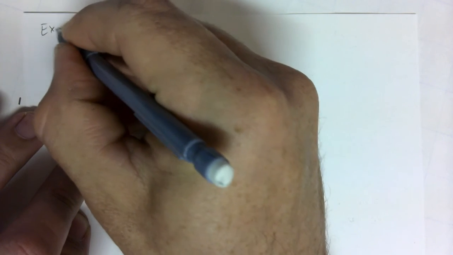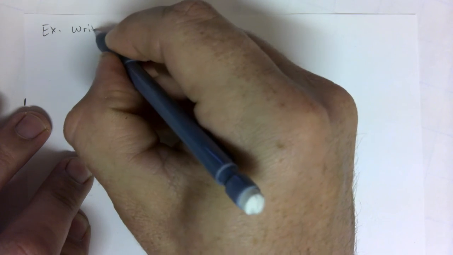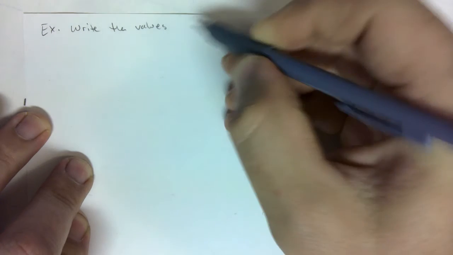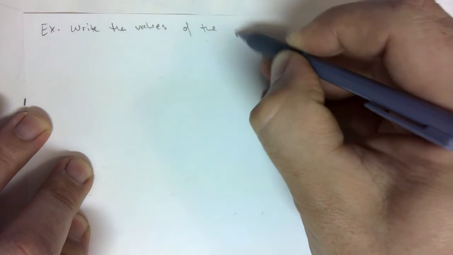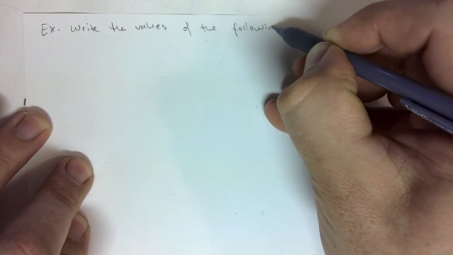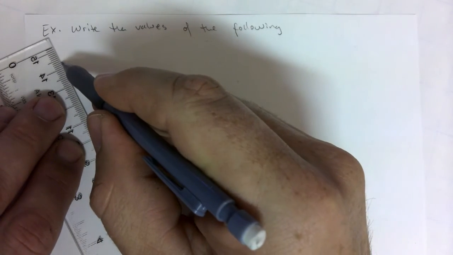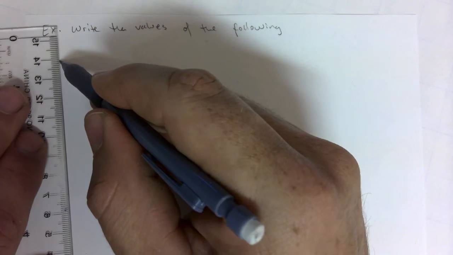Let's do an example here to practice that. Example, write the values of the following. Okay. So I will first give you a triangle here.